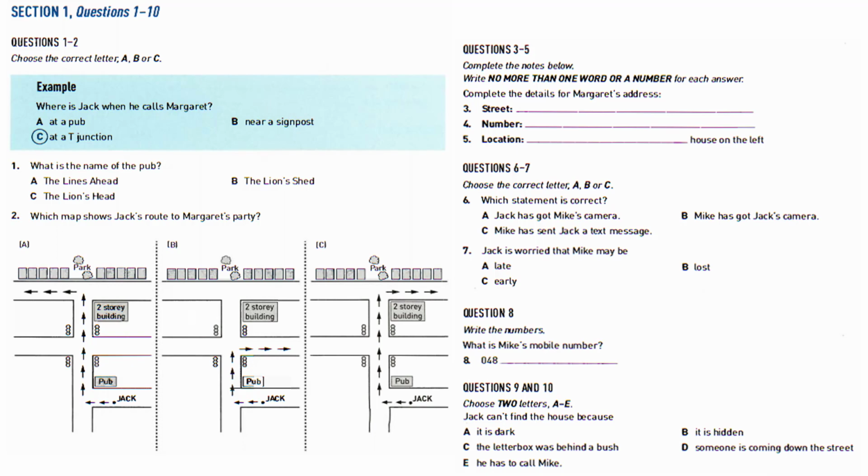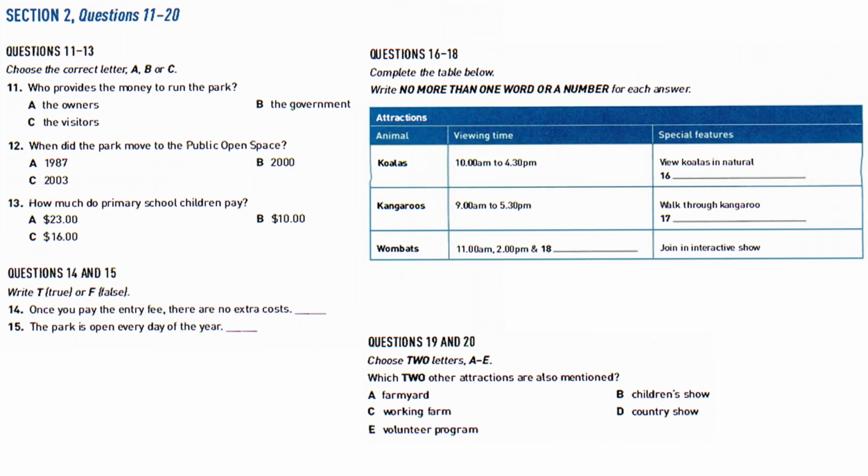Now turn to section 2. Section 2. You will hear a recorded message giving information about an animal park. First, you will have some time to look at questions 11 to 15.